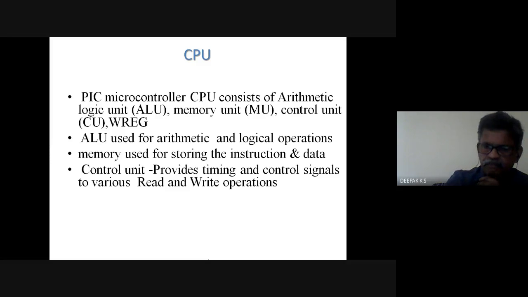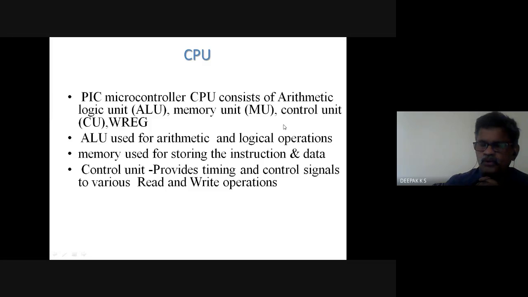That particular instruction would be fetched and decoded. When it is decoded by the instruction decoder, the meaning of that bit pattern is understood. If it is an add of two operands, then the control unit would produce timing and control signals for the various read and write operations to execute that instruction. So the control unit comes into play when the instruction is decoded.